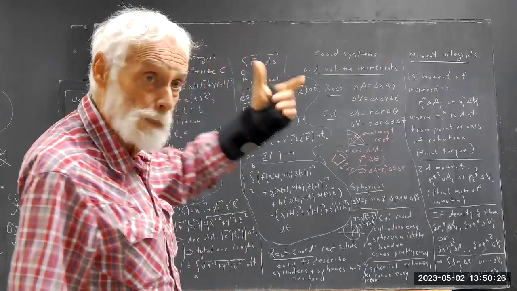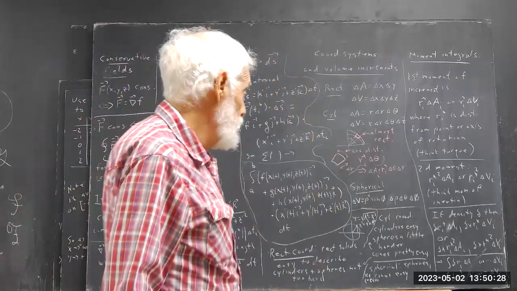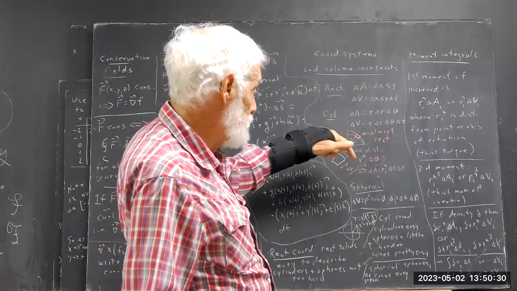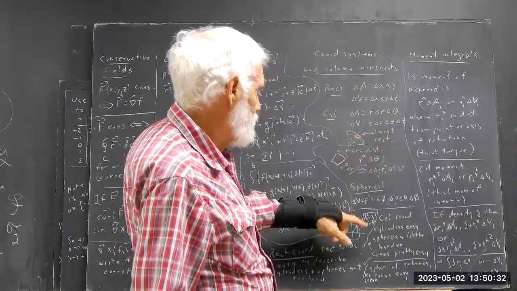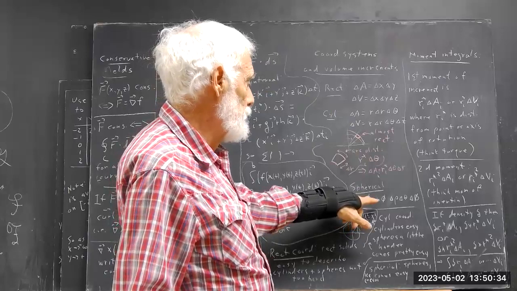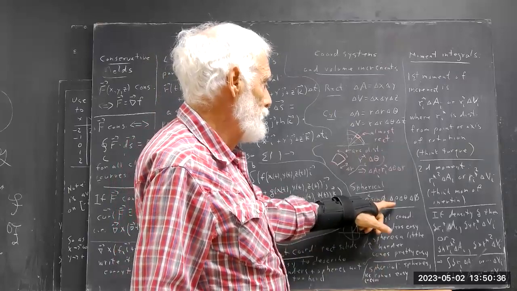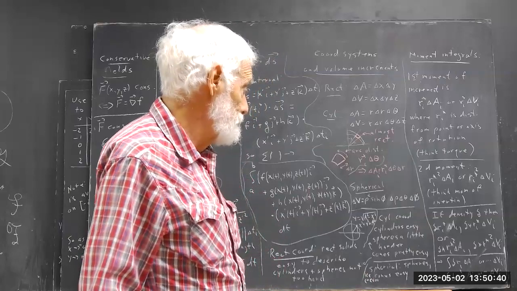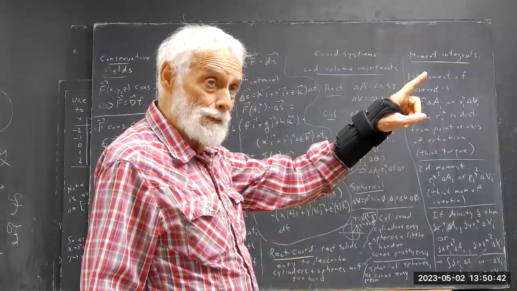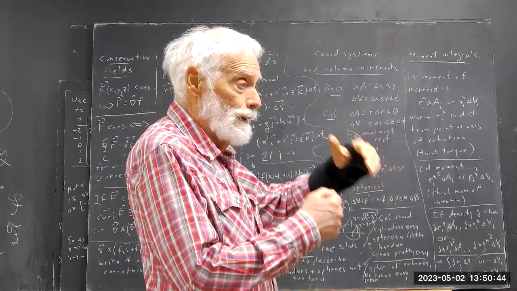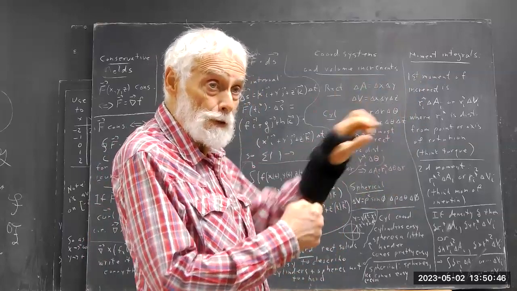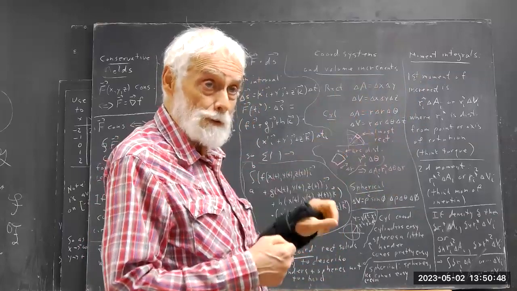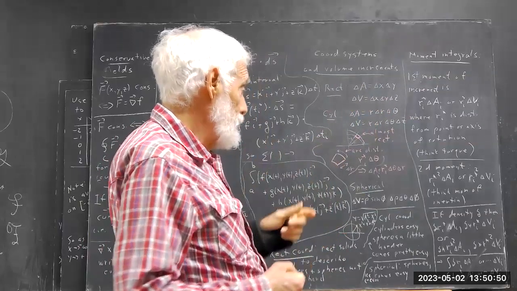If you want me to draw one, we can do that too. Your delta v is rho squared sine phi delta rho delta phi delta theta. It's because rho is out here. It's like r: if rho increases by delta rho, then your increments increase by rho.